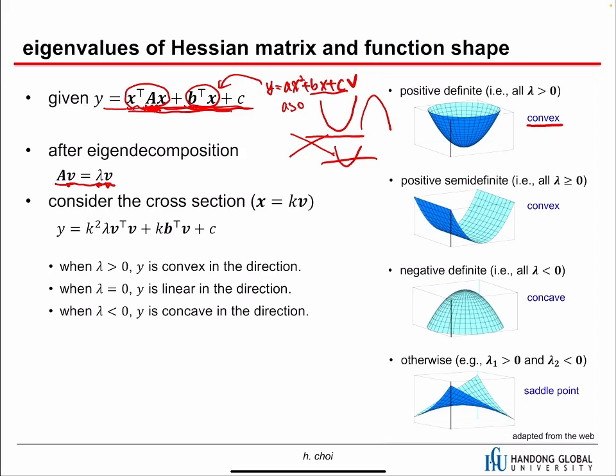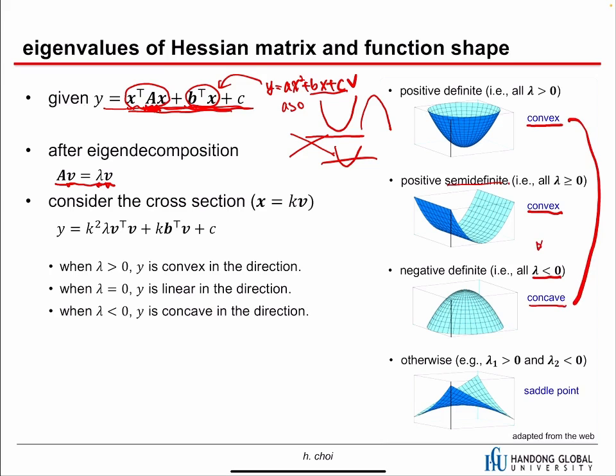Then when all the eigenvalues are positive and some eigenvalues could be 0, then it is positive semi-definite, and still it is convex. Then when all the eigenvalues are negative, then it is concave, exactly the opposite.